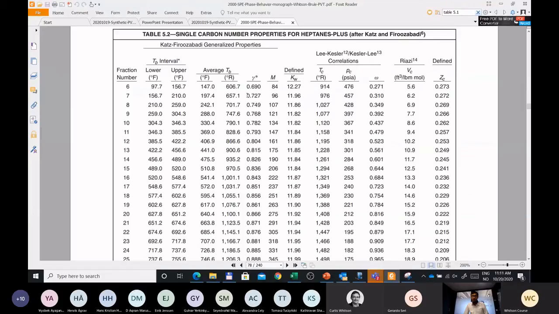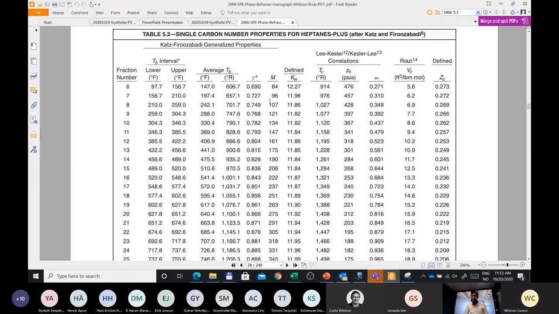But if we have aromatic fluids, or samples with very different Watson characterization factors representing more naphthenic or aromatic components, then these numbers are not reasonable for those fluid systems.